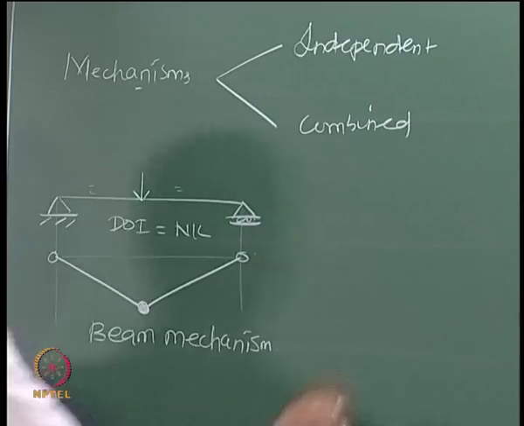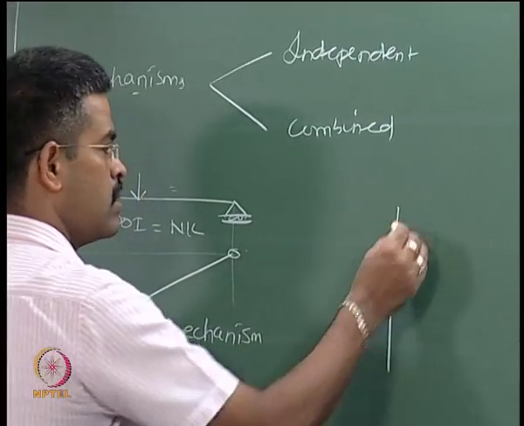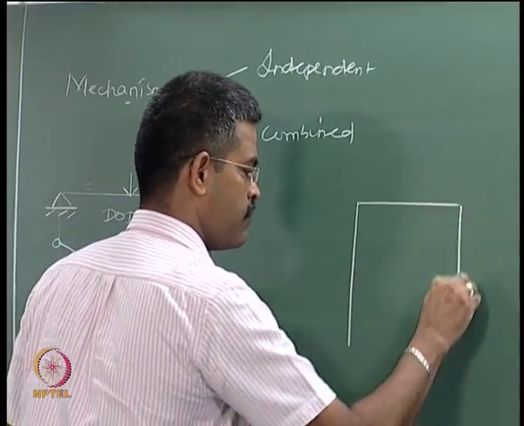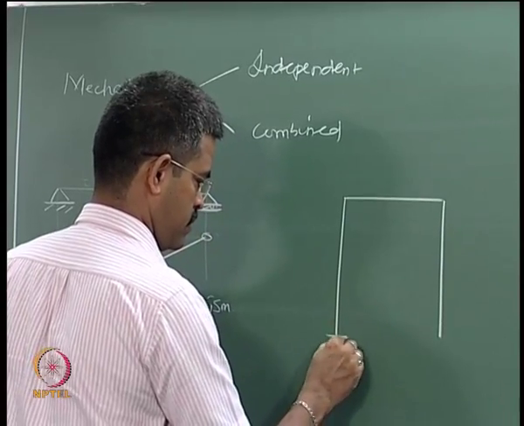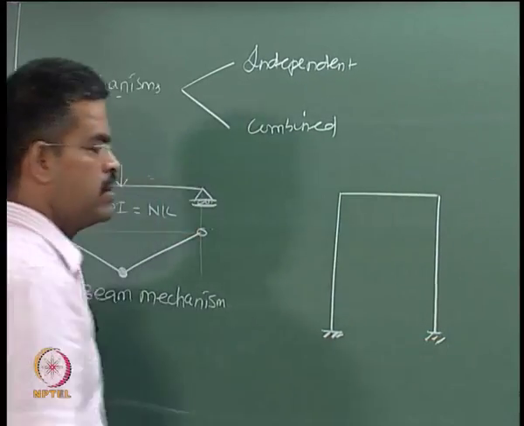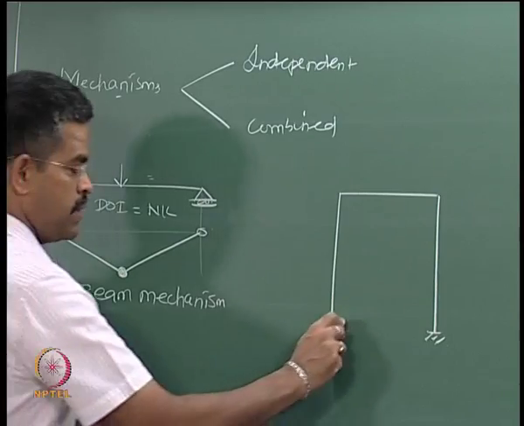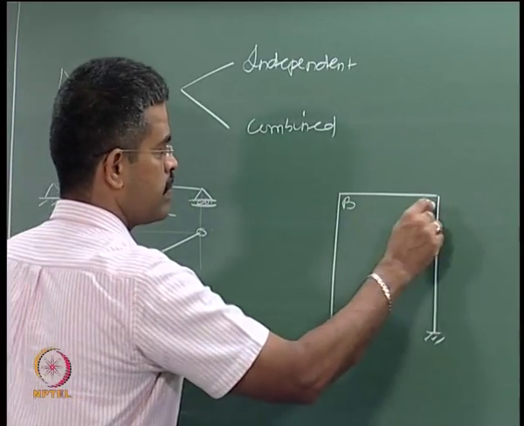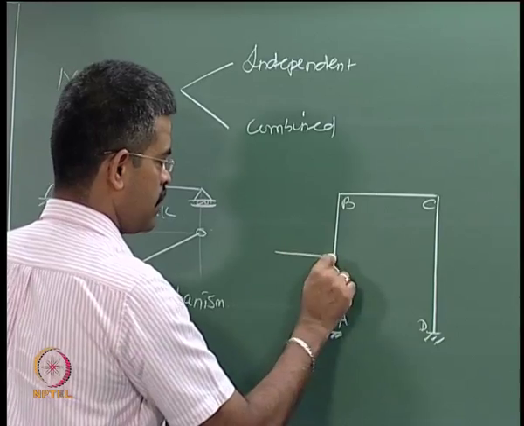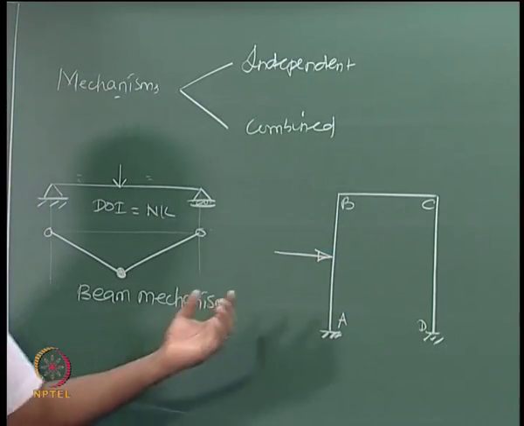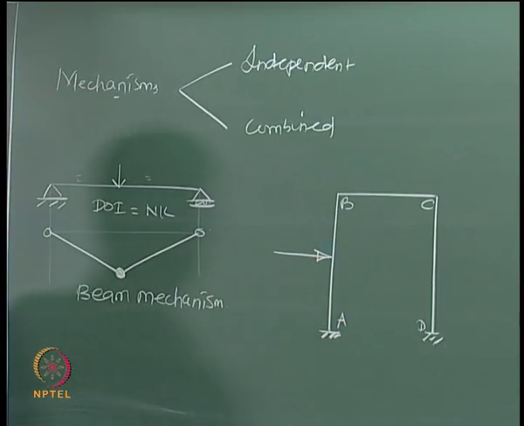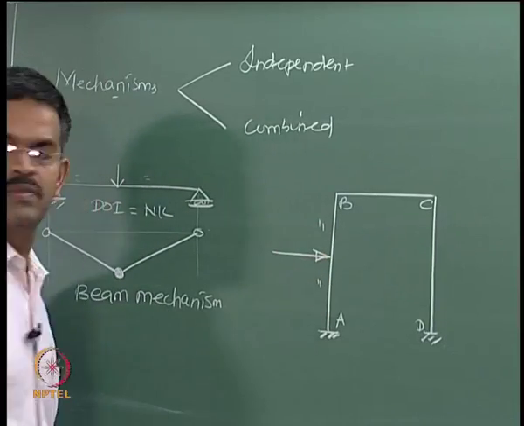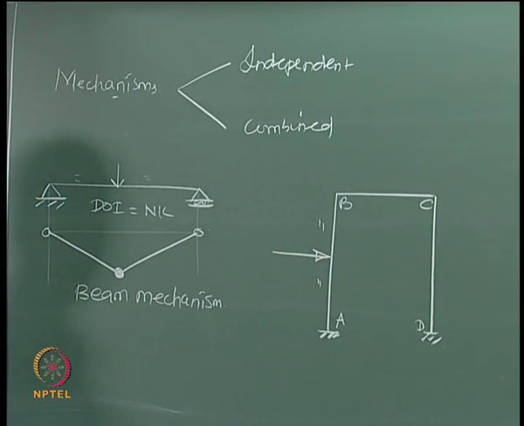Suppose you have a structure which is a frame, let us say ABCD, subjected to a central concentrated load on the beam, let us say the span being equal. I can also draw a similar mechanism like this.